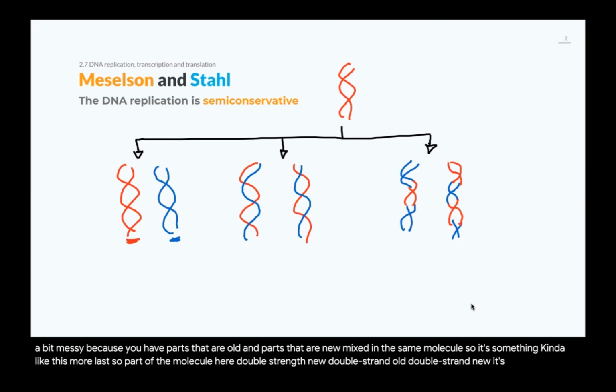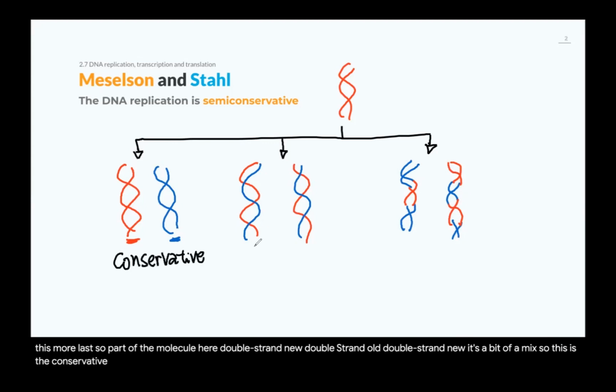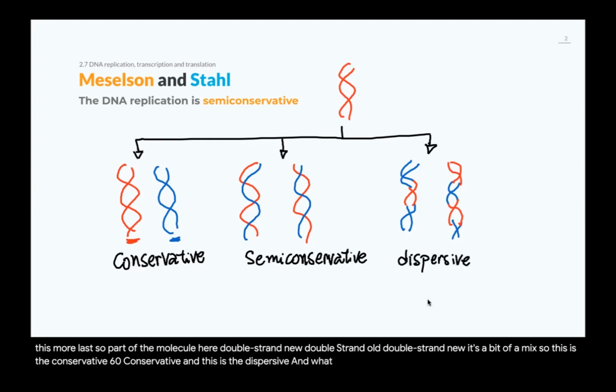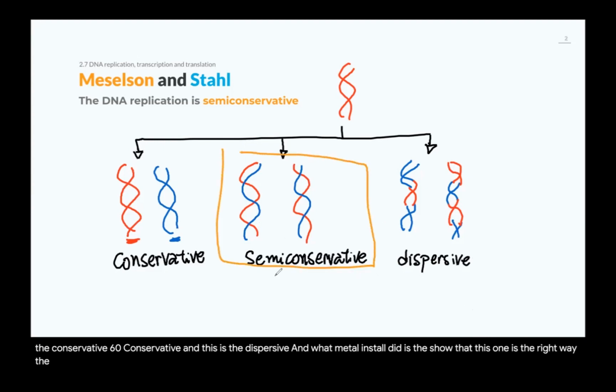It's a bit of a mix. So this is the conservative, this is the semi-conservative, and this is the dispersive. What Meselson and Stahl did is show that this one is the right way. The cells actually do this one and not the others, right?